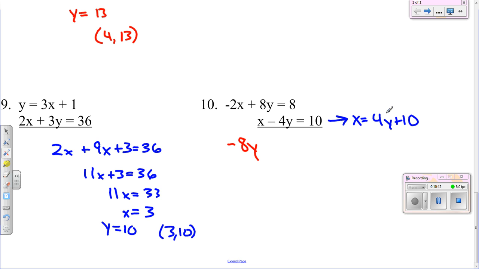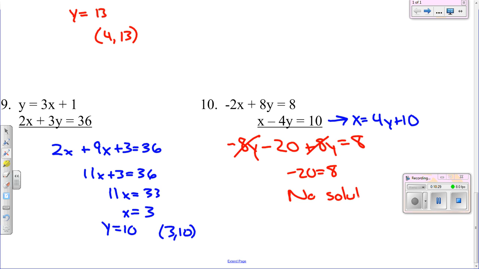Negative 2 times 10 gives me negative 20, and that's plus 8y equals 8. Negative 8y and 8y cancel out, and negative 20 equals 8. So there's no solution.